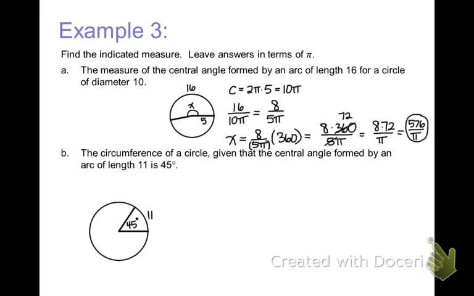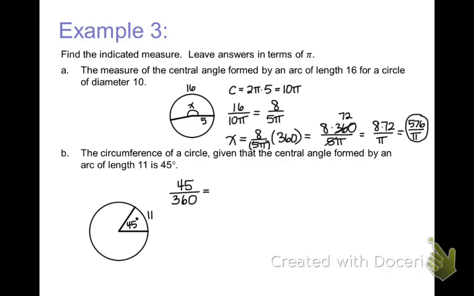So I can't use that 11, but can I use the 45 to figure out what portion of the circle I'm working with here? How can I do that? 45 divided by 360, which is?